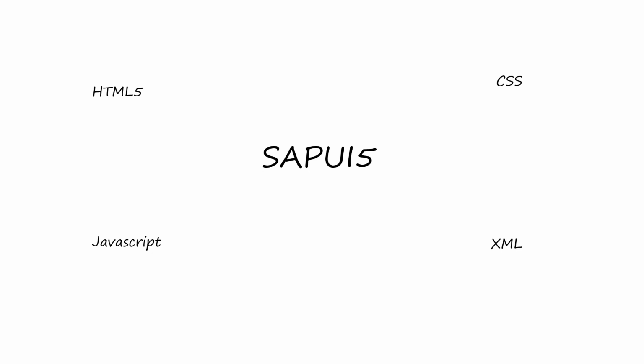You would need JavaScript, CSS and XML. Mostly we'll be using XML and JavaScript, but while debugging an application or the screen, you need HTML, and to build a very rich interface, a very colorful UI, you need CSS.